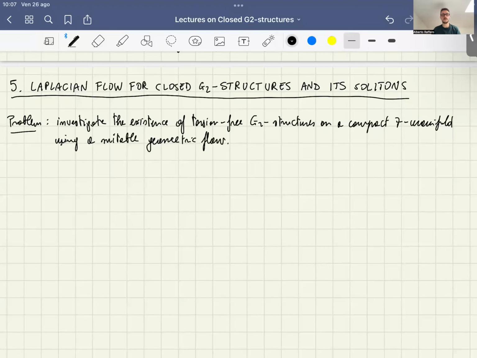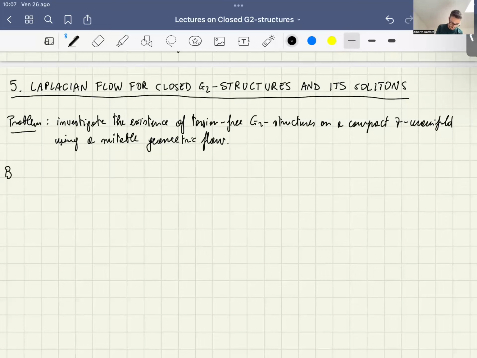And let me say that nowadays we have various proposals of geometric flows for G2 structures that aim at achieving this result. But of course, this is a mini course on closed G2 structures. So we will focus here on the so-called Laplacian flow for closed G2 structures that was introduced by Bryant, and whose study in recent years gave a lot of results in this setting.